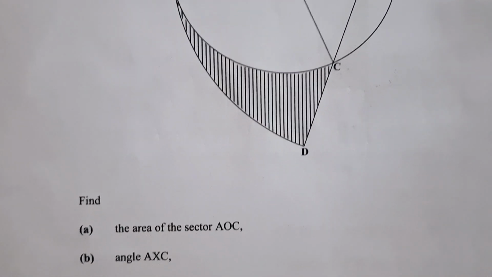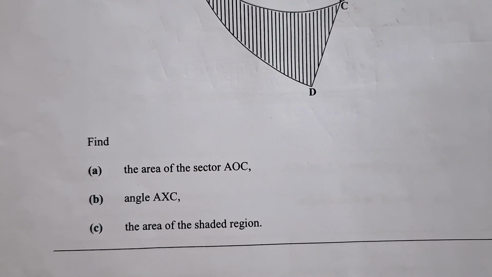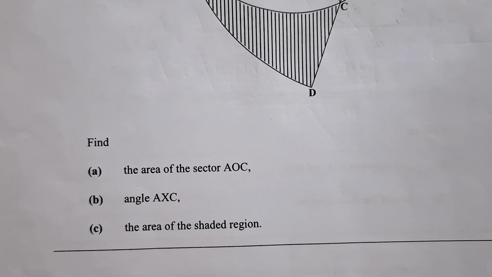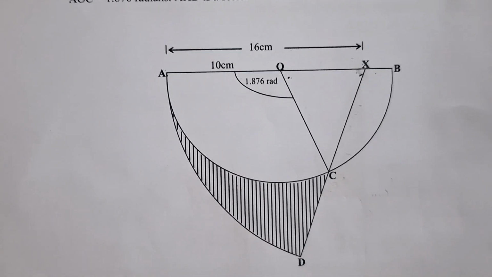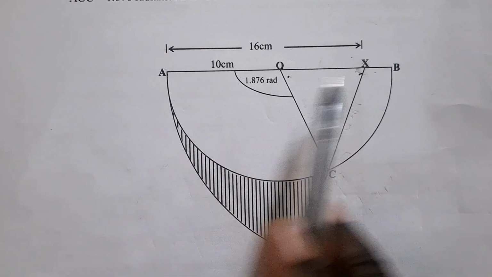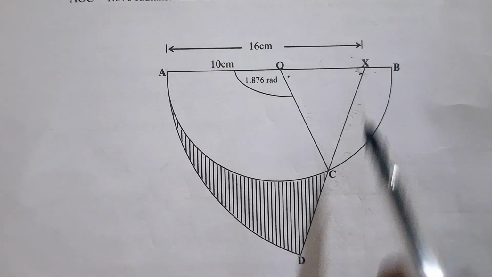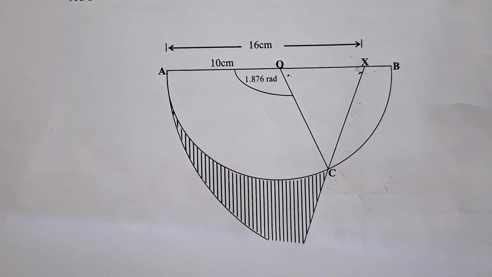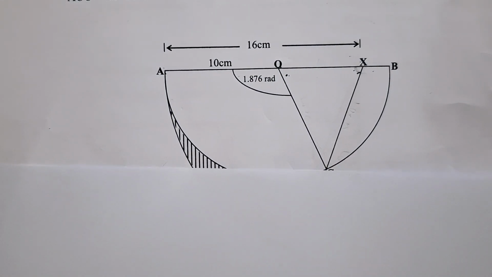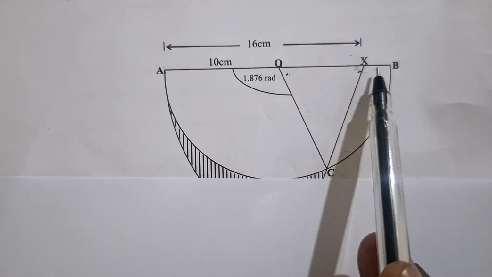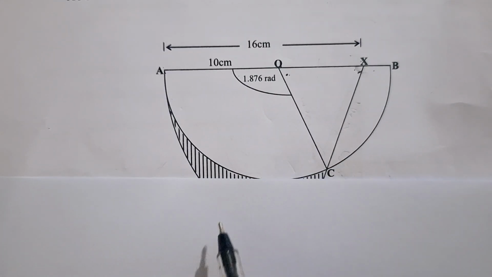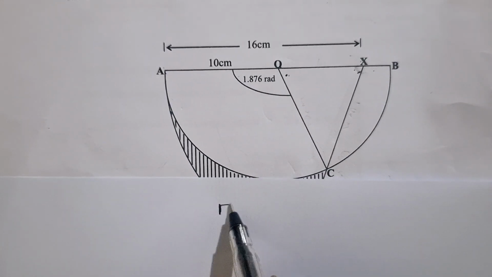For question 2, they are saying find angle AXC. For angle AXC to be found, we want this angle. We are going to use the property of a straight line here. Can you see this is a straight line? And when you're dealing with radians, you're going to say pi.